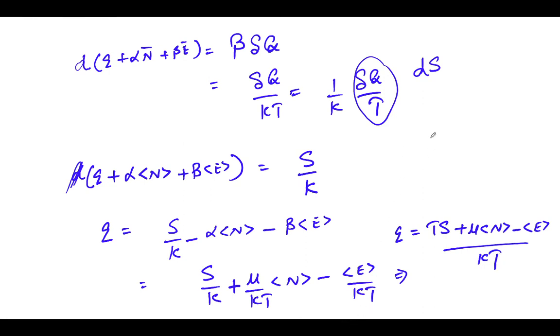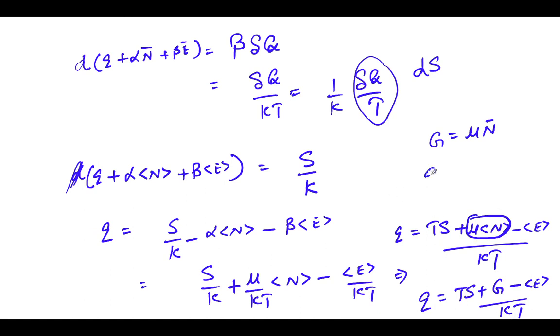Now we know that the Gibbs free energy is equal to mu into n bar, which is the same as what we have found. So this Q value we can write as TS plus Gibbs free energy minus E, over kT, which is equal to PV over kT.